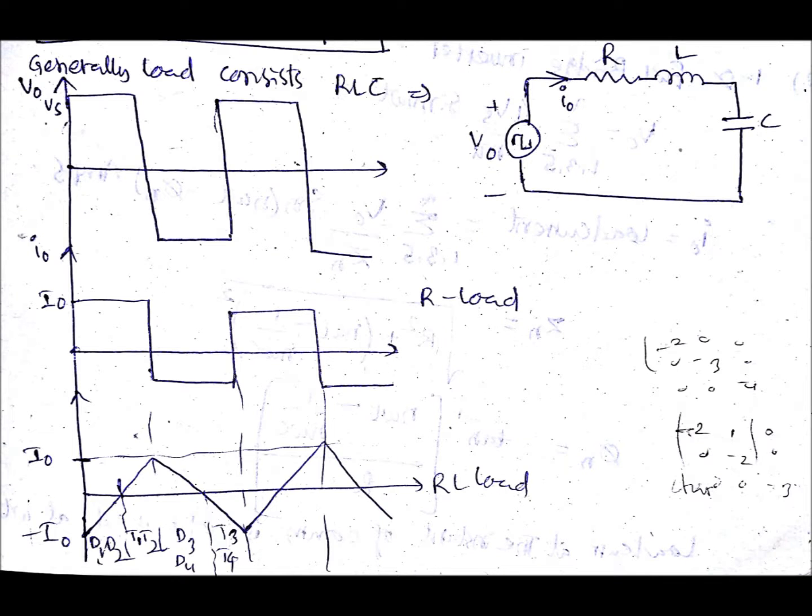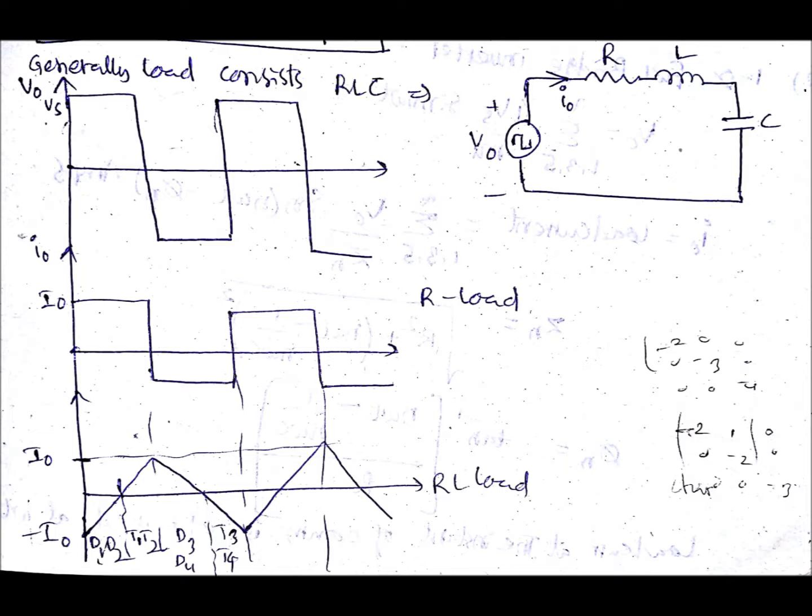Got the output waveform as a square waveform, right? So then generally the load consists of RLC. If the load is only R, the output current will be just in phase with the voltage, because R load is unity power factor, there is no phase difference.